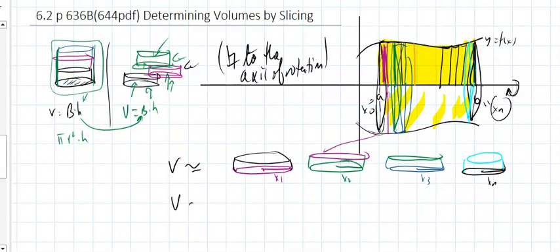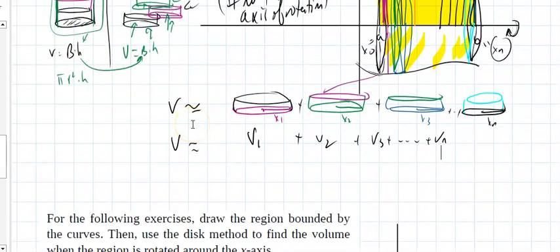Volume would be roughly volume 1 plus volume 2 plus volume 3 plus volume n. And each of those volumes, if you really think about it, that is really area of the base times the height.